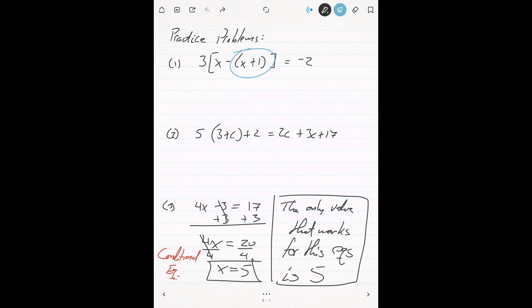When we solve with multiple grouping symbols, multiple parentheses or brackets, again, parentheses and brackets are the same thing. You'll see parentheses, brackets, sometimes squiggly braces.